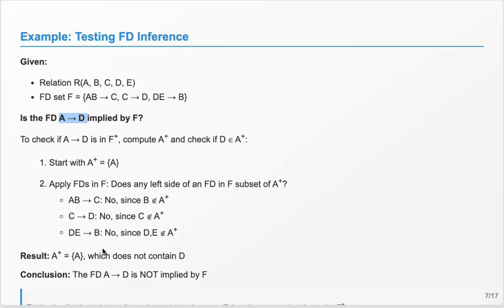So basically, what we have found out is that the closure of A is just itself.